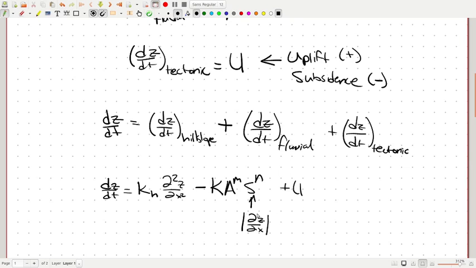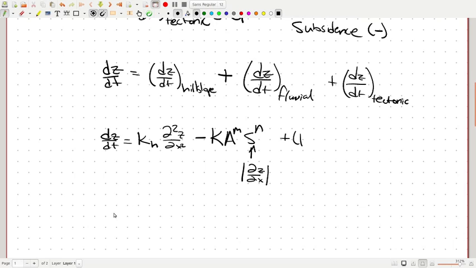Plus uplift. Then just to write this out once more, to use proper partial derivatives everywhere too, dz over dt is equal to k sub h d squared z over dx squared minus K A to the m, absolute value of dz dx to the n.